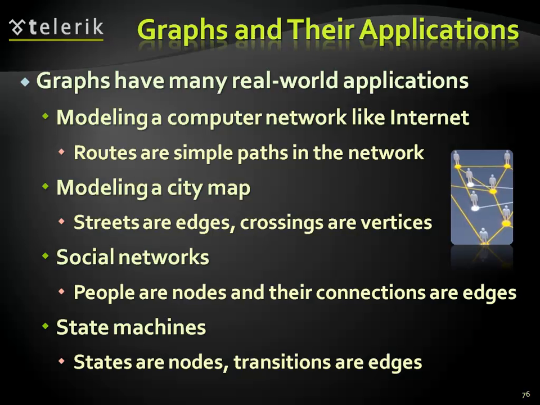Okay. State machines. One more thing. State machines are something a little more complex. You have letters. You have A, B, C, D, E, for example. Those A, B, C, D, E are states.